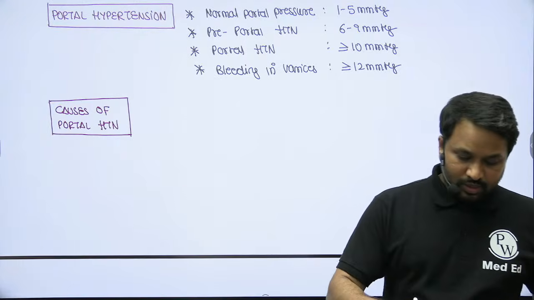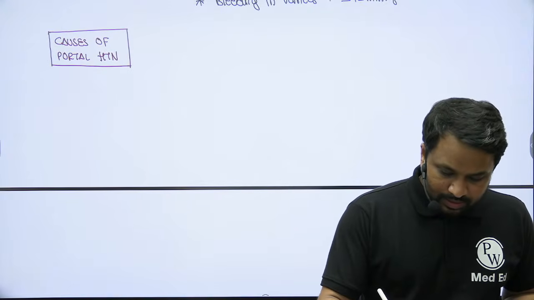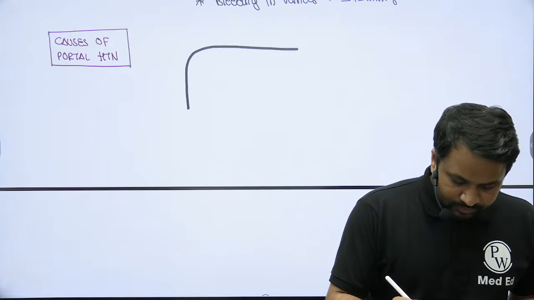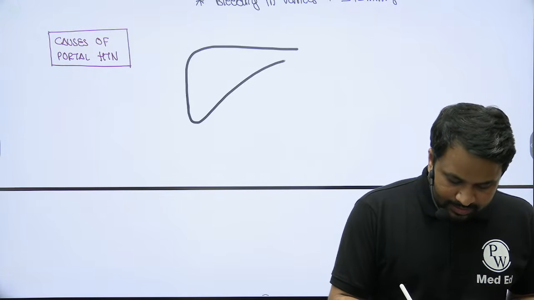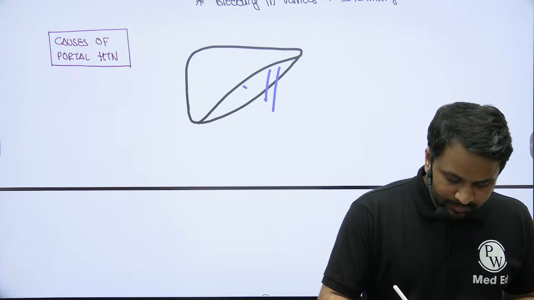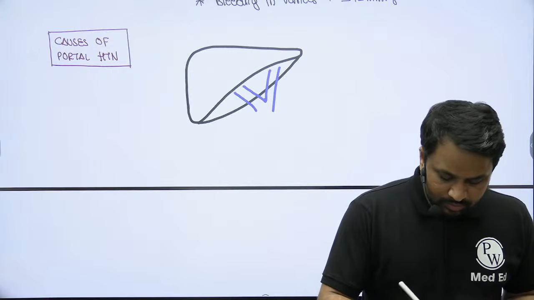So let's have a quick recap on that as well. Take this as the representation of the liver. You will notice that this is the portal vein. You have the right portal vein and the left portal vein, together they form the common portal vein.